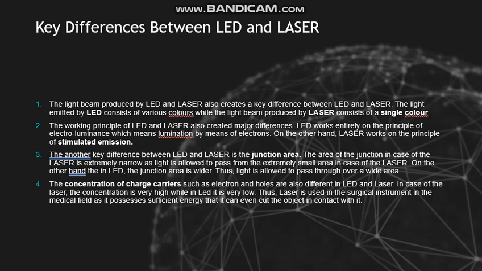The concentration of charge carriers, such as electrons and holes, is also different in LED and laser. In the case of the laser, the concentration is very high, while in the LED it is very low. Thus, lasers are used in surgical instruments in the medical field as they possess sufficient energy that they can even cut the object in contact with them.